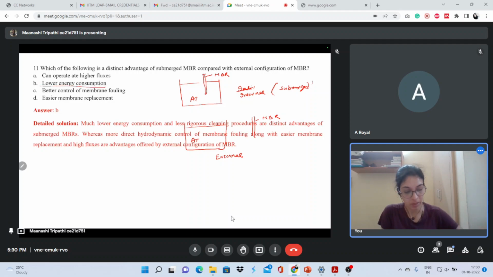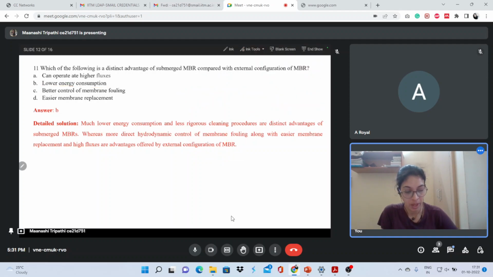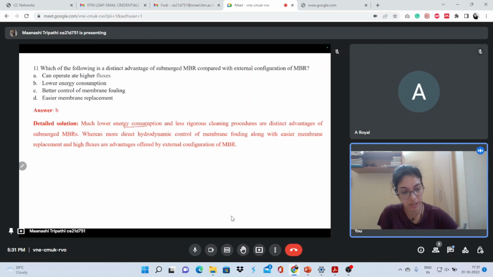I'll clear the screen so that you can easily see. In submerged MBR, there will be lower energy consumption and less rigorous cleaning.